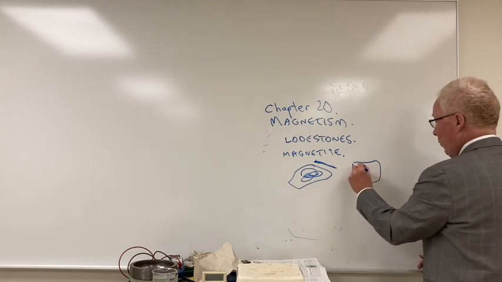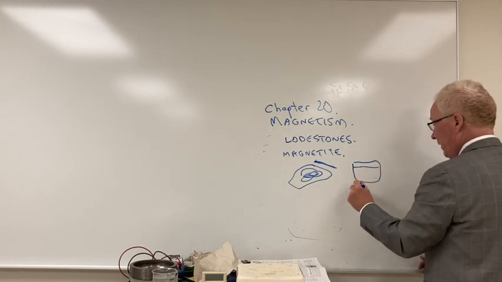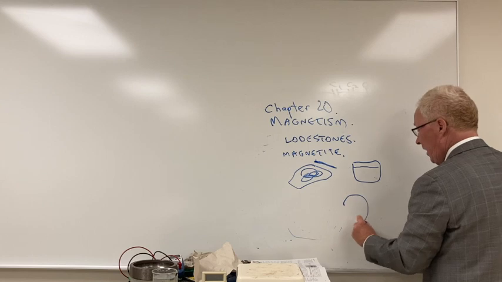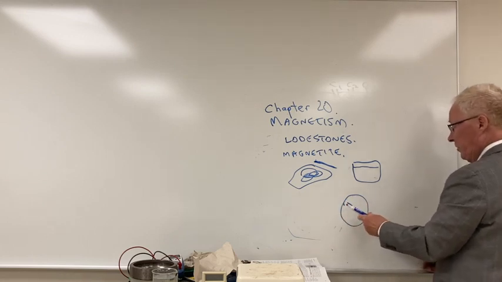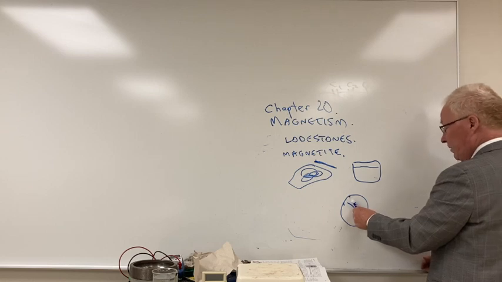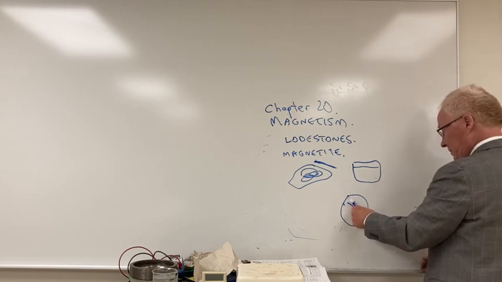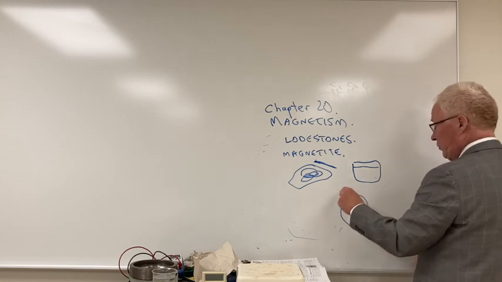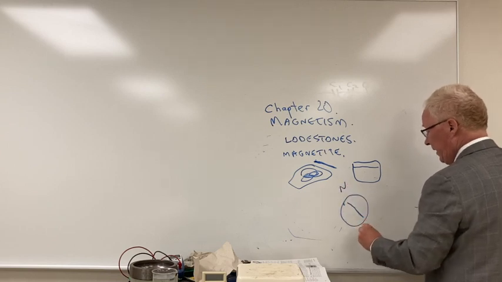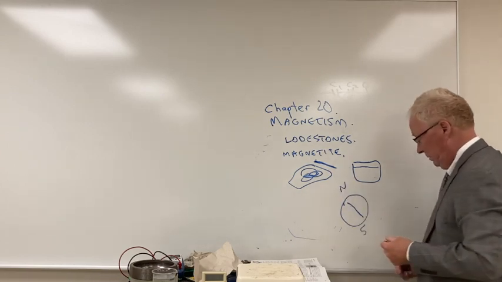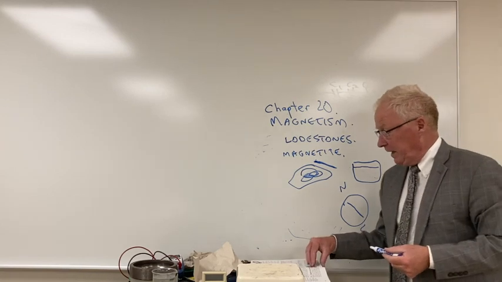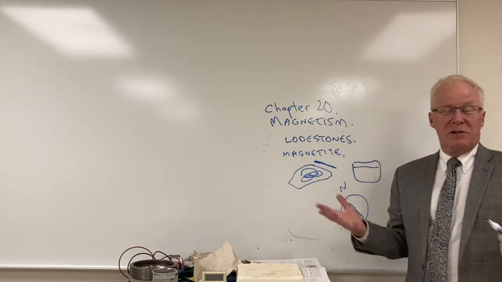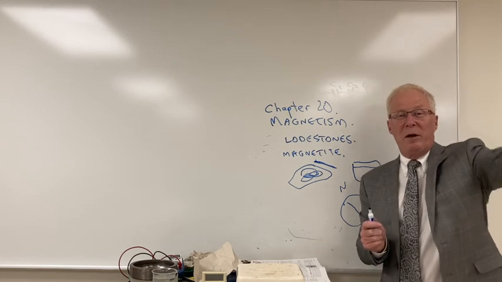Put it in a cup of water, and if you look at it from the top, so it just sits on there, it would turn out that the needle would point in the direction of the Earth's magnetic north pole, and the other would point towards the south pole. Again, we weren't really sure why, but that seemed to be the case, that it would point north.